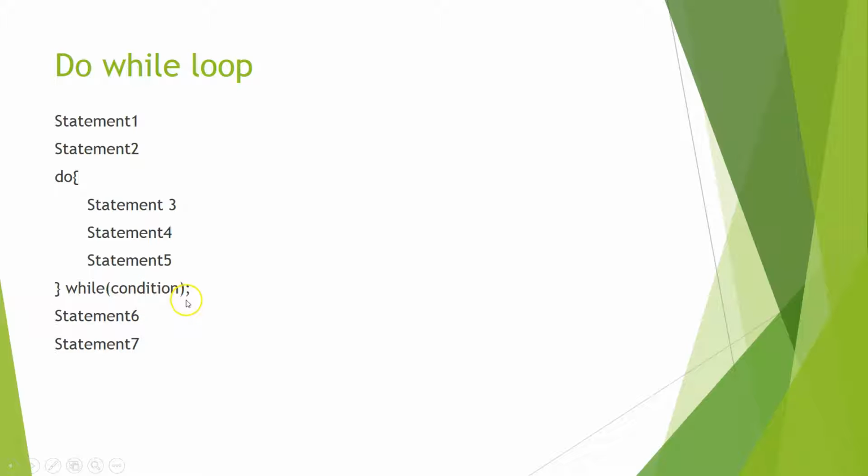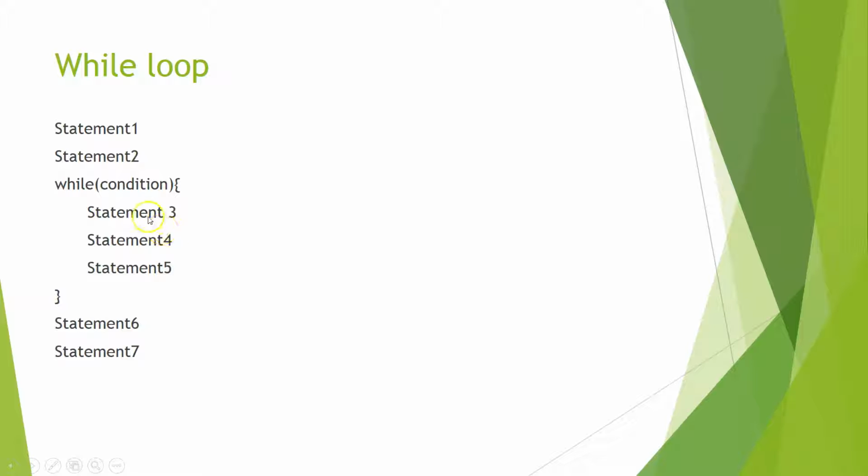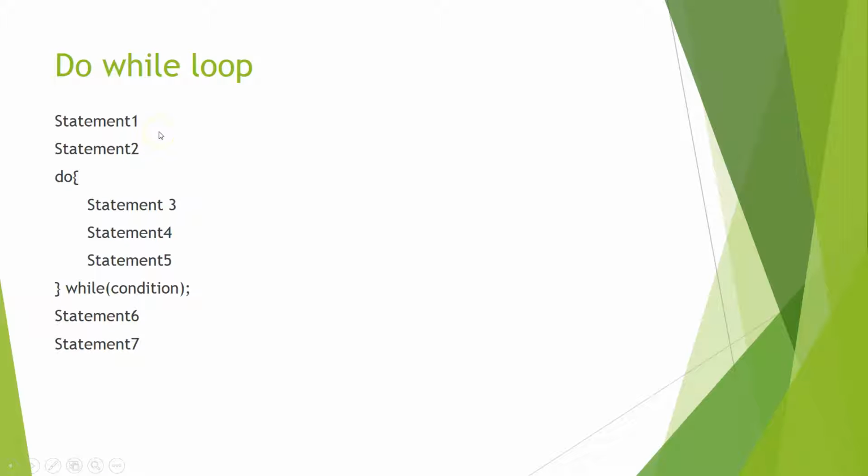Don't forget to type the semicolon after the while condition. But in the normal while loop there is no semicolon next to the while condition. Let's trace the following program sample and see how the do while loop performs.